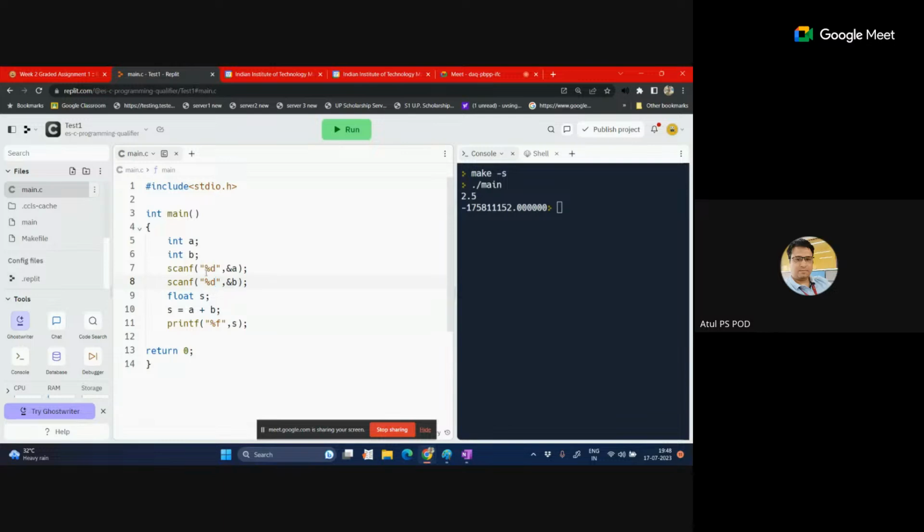So it is not taking the float value from the user. If our variable is integer and we are passing the float value, it is not taking it, and it is showing some garbage value as the answer finally in the output. This is happening because of this conversion error.